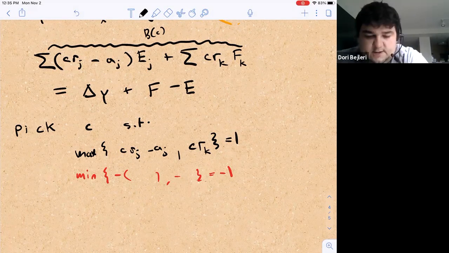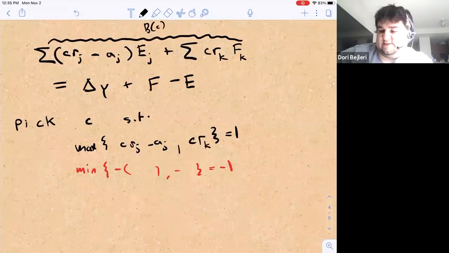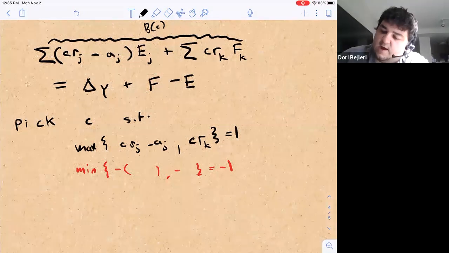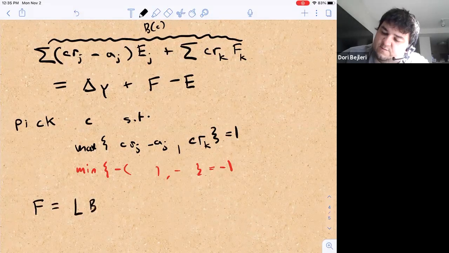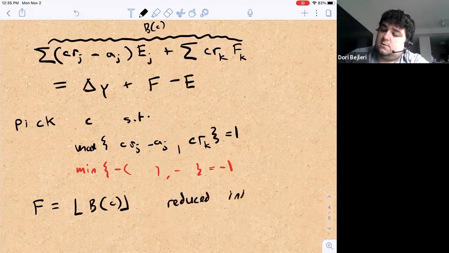Okay, so we pick such a C where we get exactly this 1, some components with coefficient 1 and everything else with coefficient strictly less. And then we let F just be the round down of B of C. Now that's some integral divisor with coefficients exactly 1. So it's some reduced integral divisor.